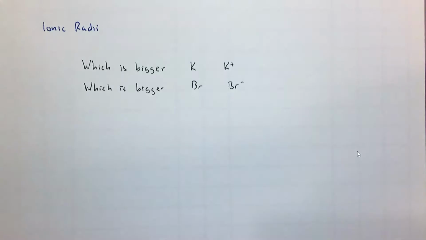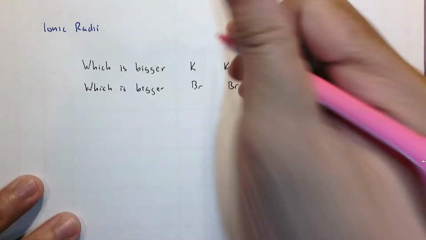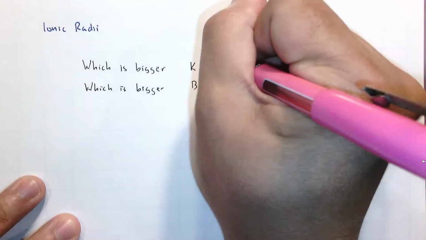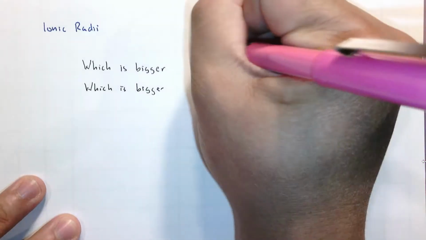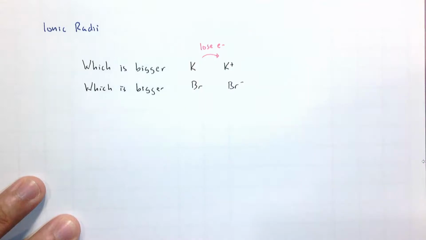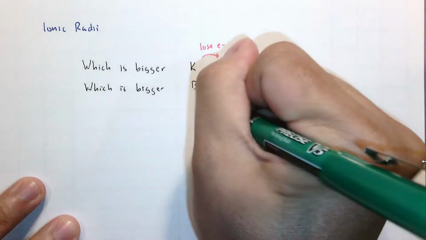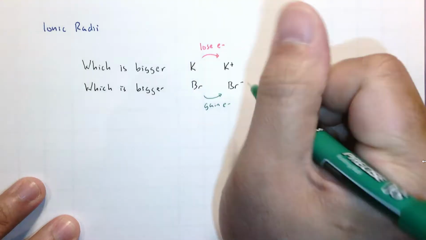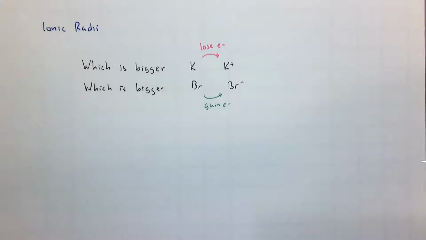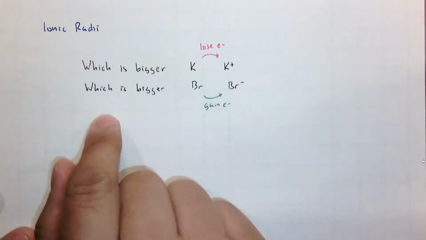So for this one, we lost an electron, and for this one, we gained an electron. How atoms ionize into their common ion was a topic in a different video or section. What I'm concerned about here is the size.